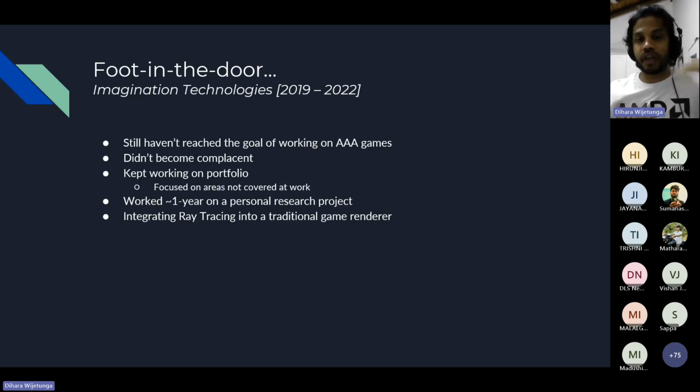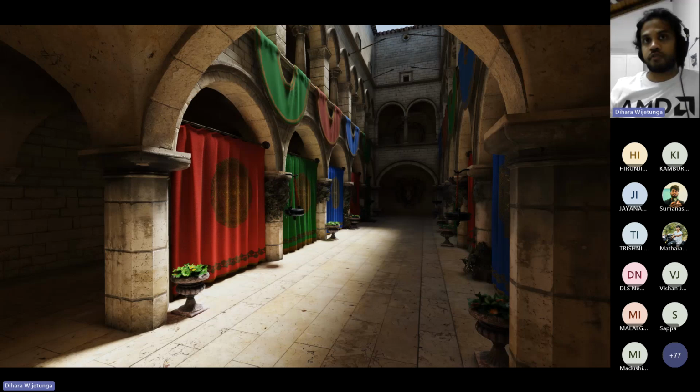So I did this project where I wanted to research what's the best way you can integrate ray tracing into typical game graphics. I created a project where you have a traditional game renderer, and I would integrate those ray tracing techniques. And this is what it looks like. Here are some screenshots. This contains a lot of ray trace effects, such as the shadows.